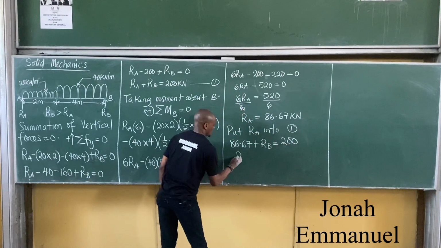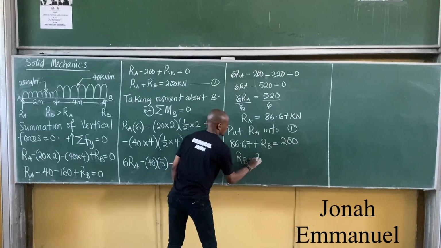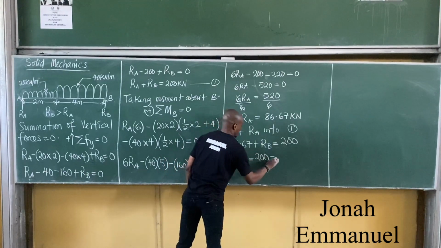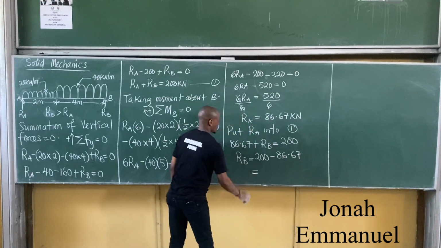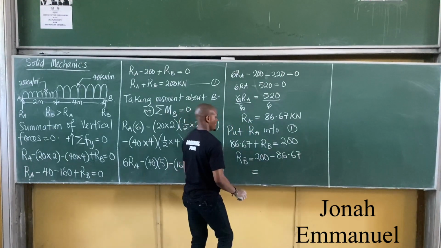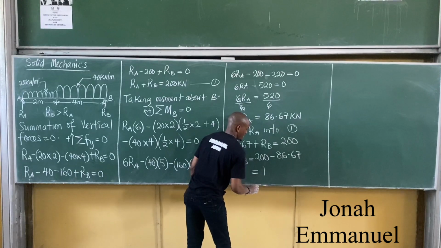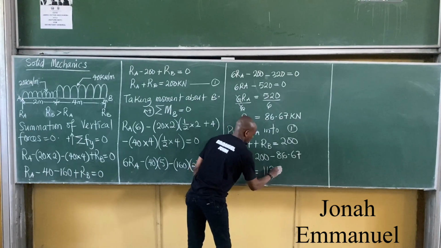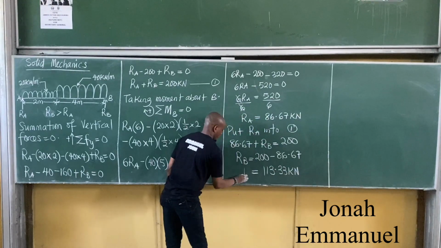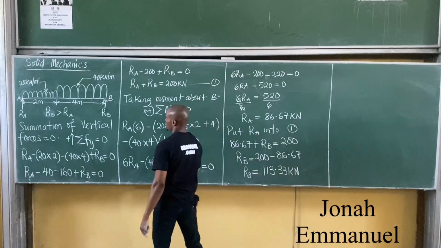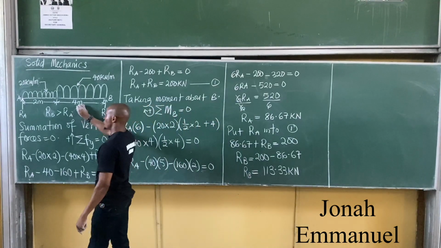I have that RB is equal to 200 minus 86.67, which is 113.33 kilonewton. That's RB. So it's true that RB is bigger than RA.